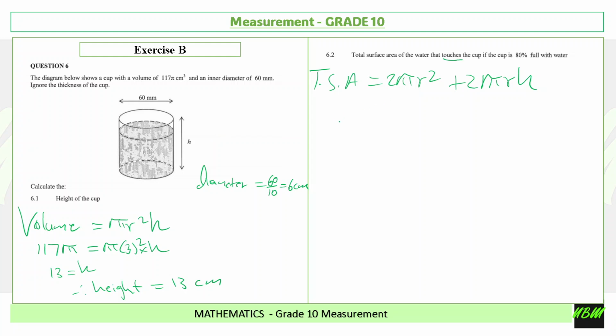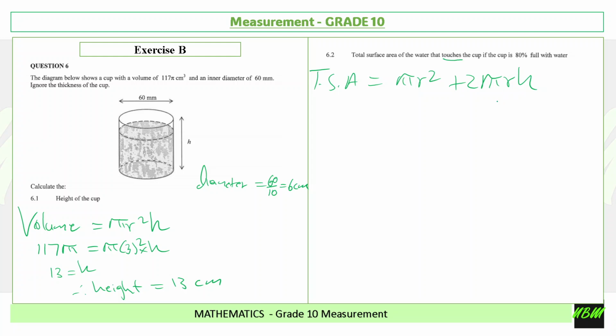Therefore, the one at the top does not touch the cup. Therefore, instead of having 2 pi r squared, we are only going to have 1 pi r squared, because the surface area of the water that touches the cup is only the one at the bottom, not the top.